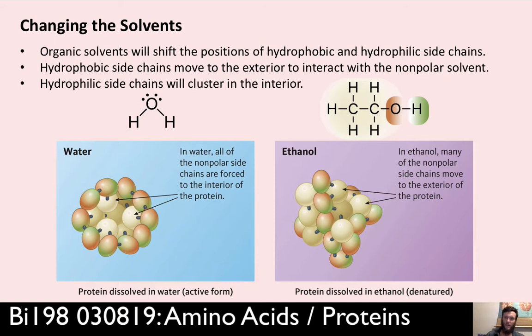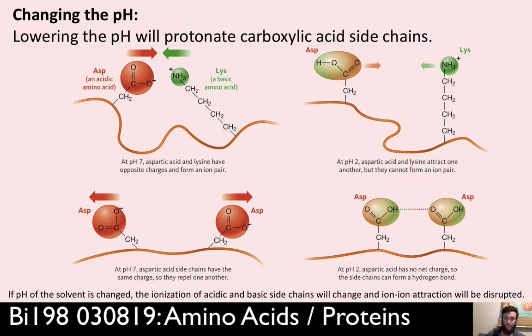So it's sort of like an intermediate polarity molecule. It's not as hydrophilic as water. It's a little bit more hydrophobic, and it sort of leaves room for those hydrophobic amino acids on the inside of a protein to emerge from the center of that protein, thus denaturing the structure of the protein.